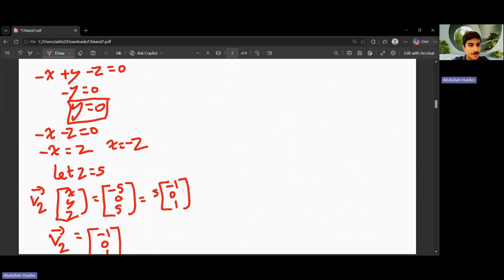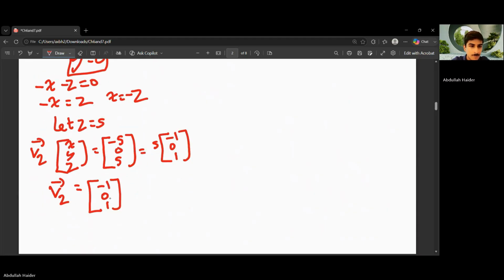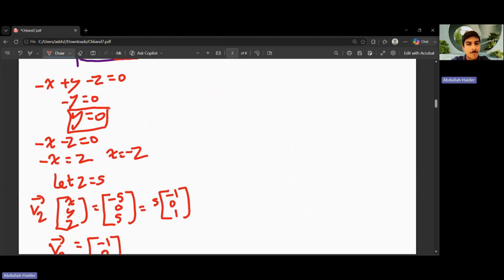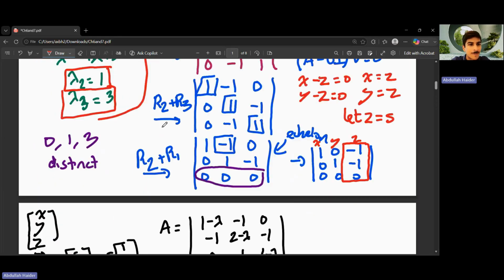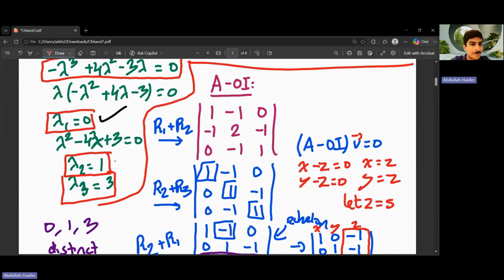Oh no, it's actually the same thing. So now we found our eigenvector, which corresponds to lambda equals 1.